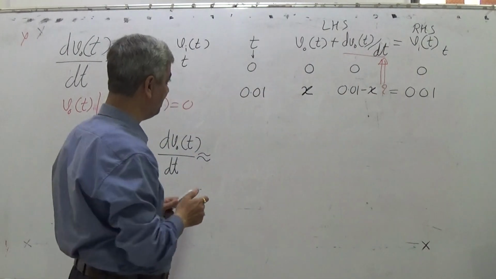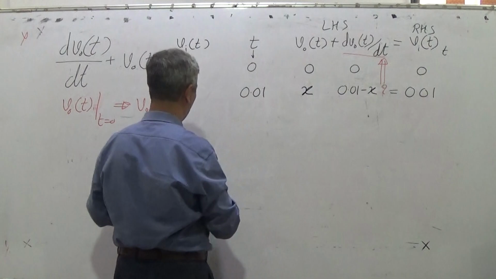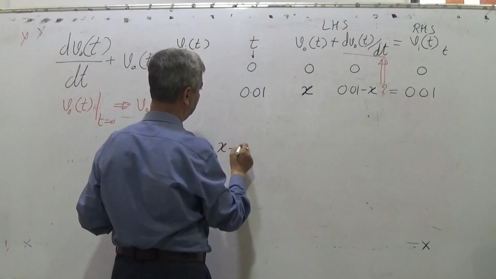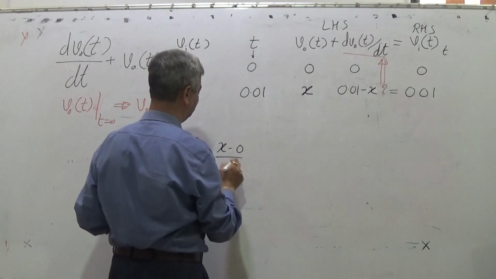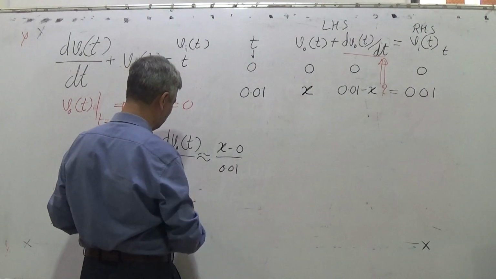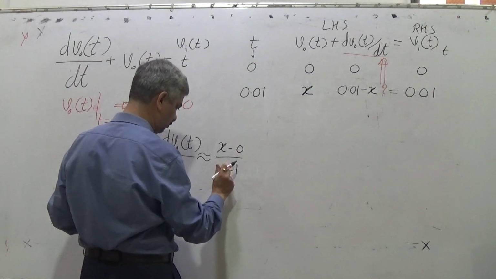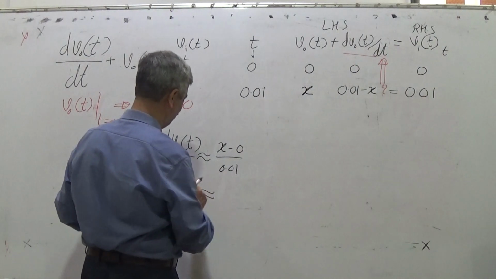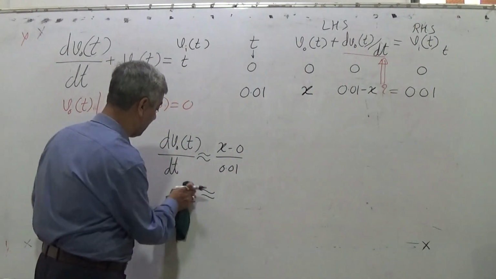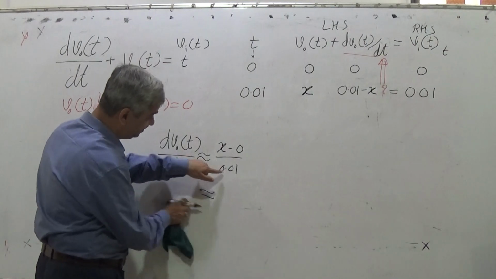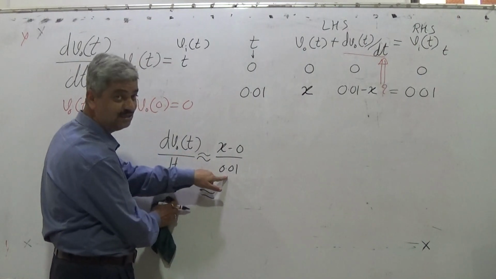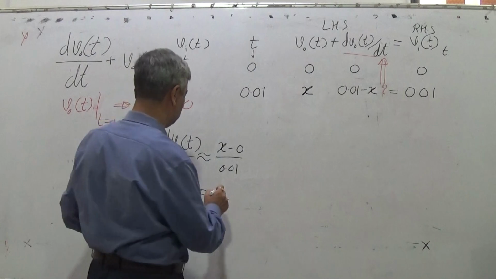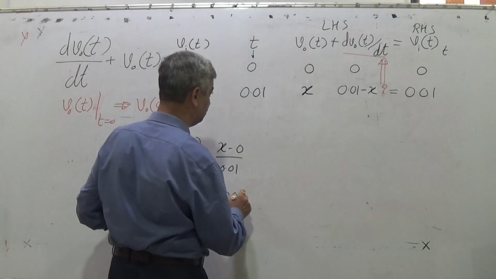But what is dVo/dt? It is (x minus 0) upon 0.01, which is nothing but 100x. Why am I writing approximately equal to? Because it is exactly equal when this tends to 0.